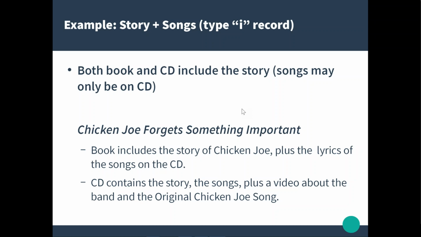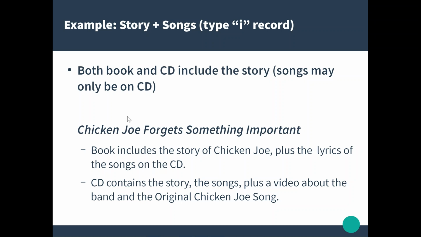The book includes the story of Chicken Joe, and there are some songs included on the CD, and the book includes the lyrics for those songs. The CD itself contains the story, a bunch of songs, a short video about the band, and the original Chicken Joe song.